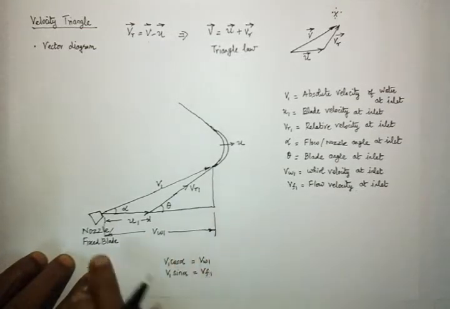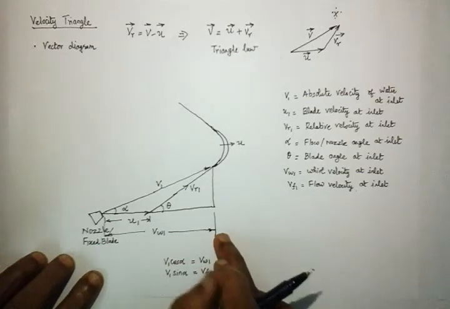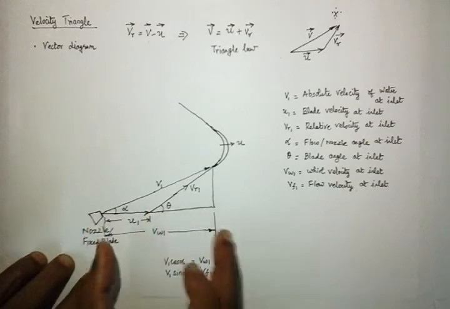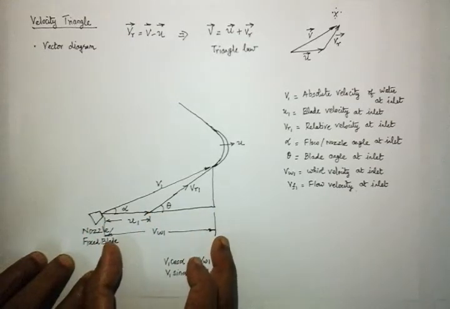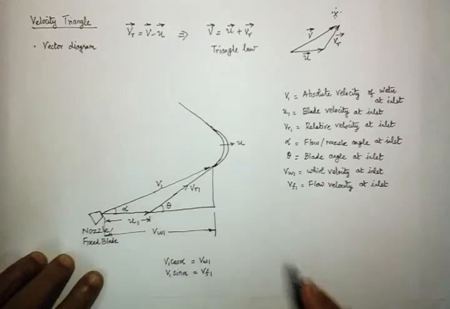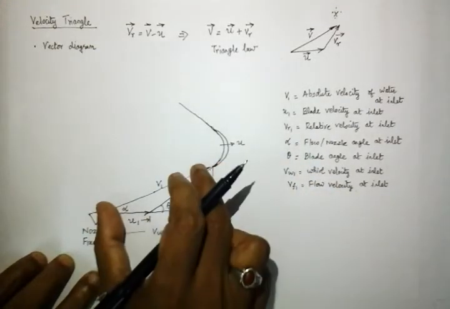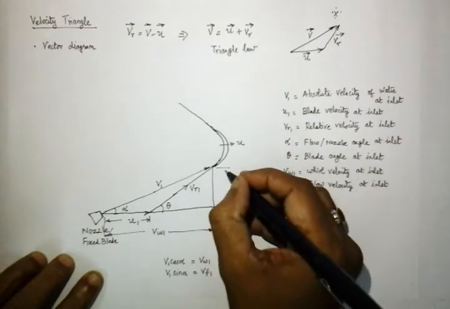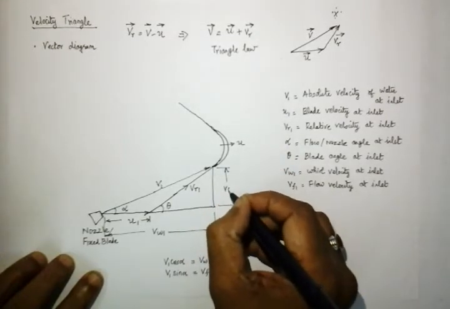From here to here it is Vw1, whereas a part of this is only the blade velocity at inlet, remember. So the entire distance here represents the whirl component at inlet. The other component, V1 sin alpha 1, will come here as the vertical component Vf1.